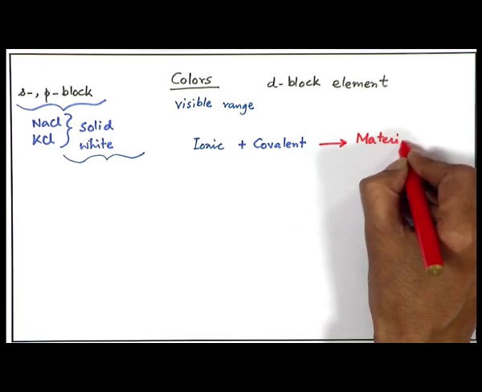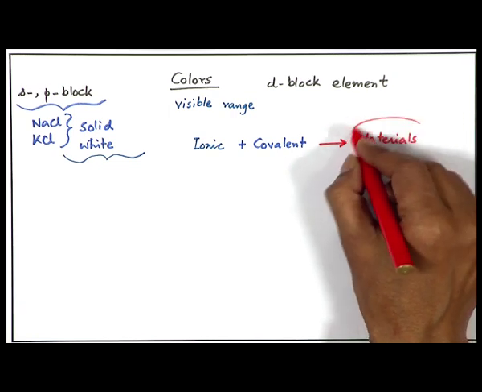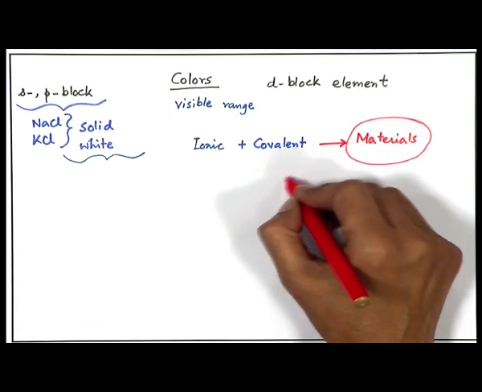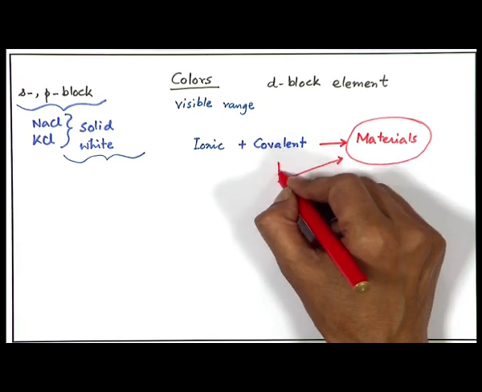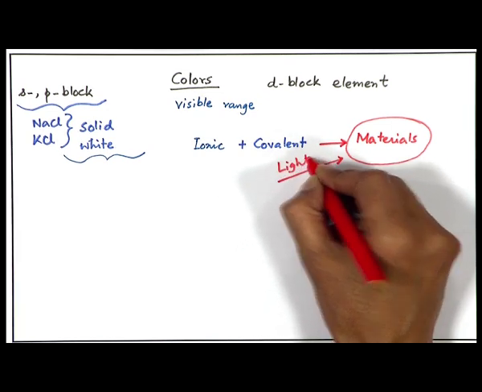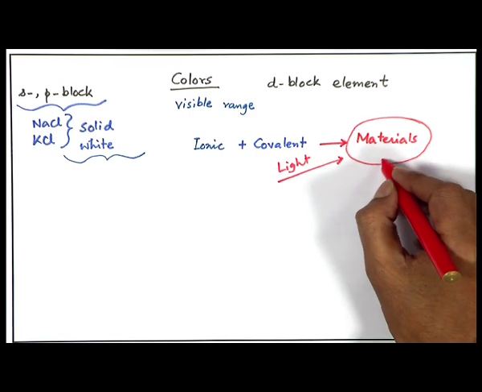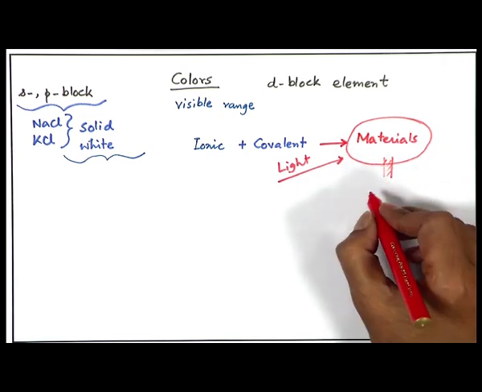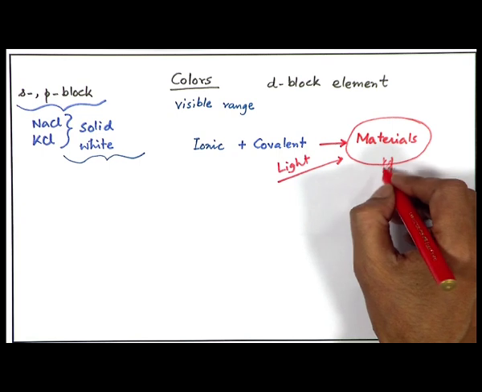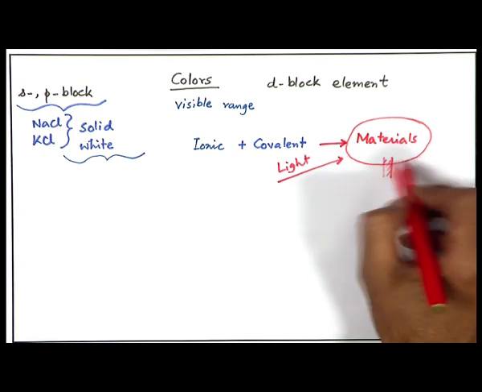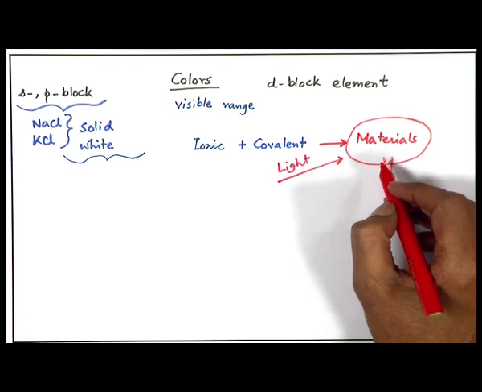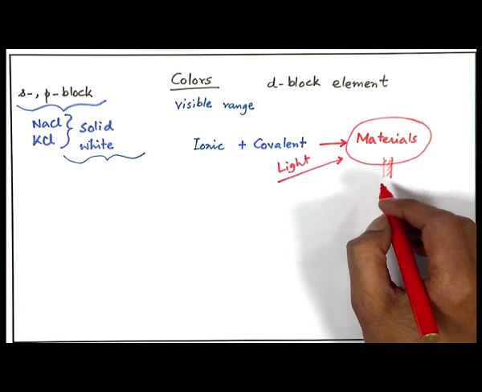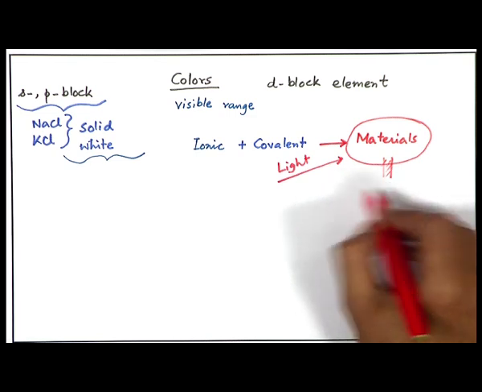If we get those materials in our hand and the light is passed to that material, some part of the electromagnetic radiation will be absorbed. The material can absorb some part, say the blue region or the green region or the red region of the electromagnetic spectrum in the visible range.